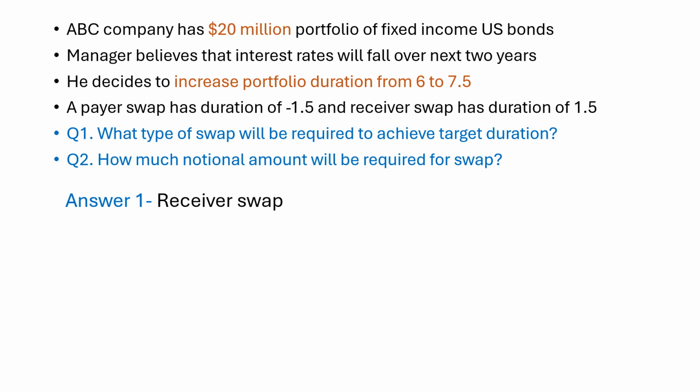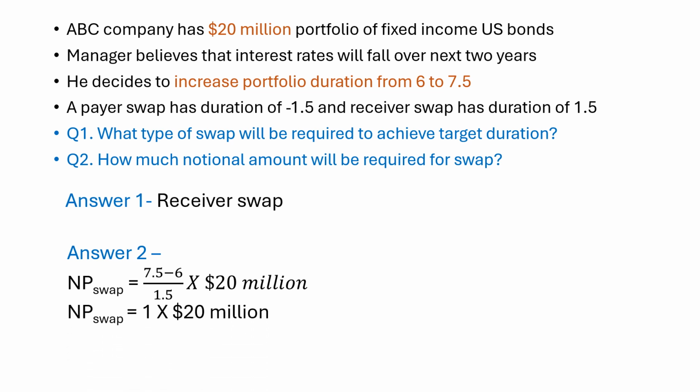Now to calculate the notional amount, we will use the formula: target duration 7.5 minus 6, which is the current duration, divided by 1.5, which is the receiver swap, multiplied by the market value of $20 million. That gives us 20 million, because 1.5 divided by 1.5 times 20 million. So here we need a notional amount of $20 million.